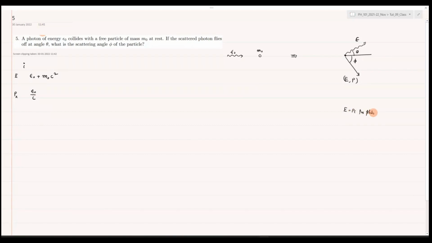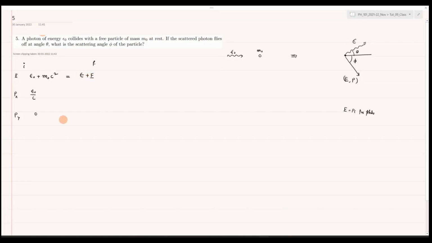So what is Py? 0. Pz is also 0, we will not write it. Now what is the energy after collision? Epsilon plus E, right?